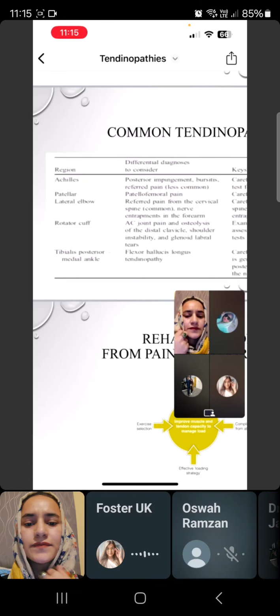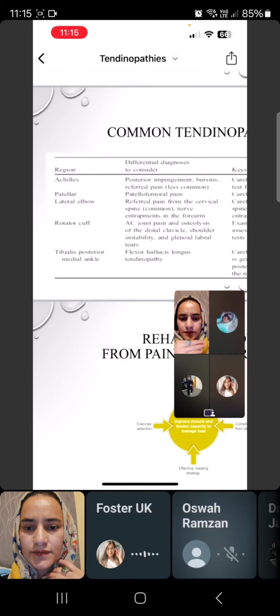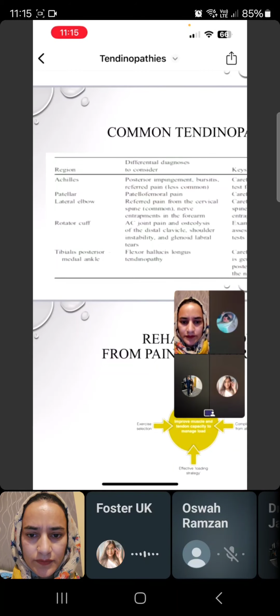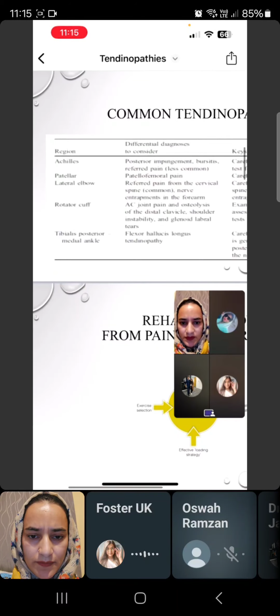Rotator cuff, it's important to rule out any acromioclavicular joint issues, any kind of bony issues, any instabilities, glenoid cavity labral tears, etc. And tibialis posterior, it's important to rule out flexor hallucis longus.